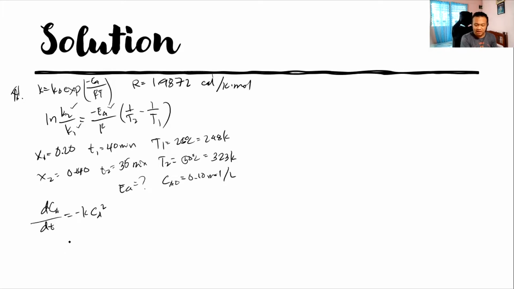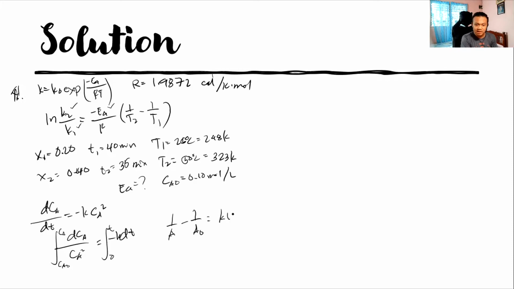You have here CA0, then CA, then dayon you have negative K dt. So you have to integrate, and then finally we have this.